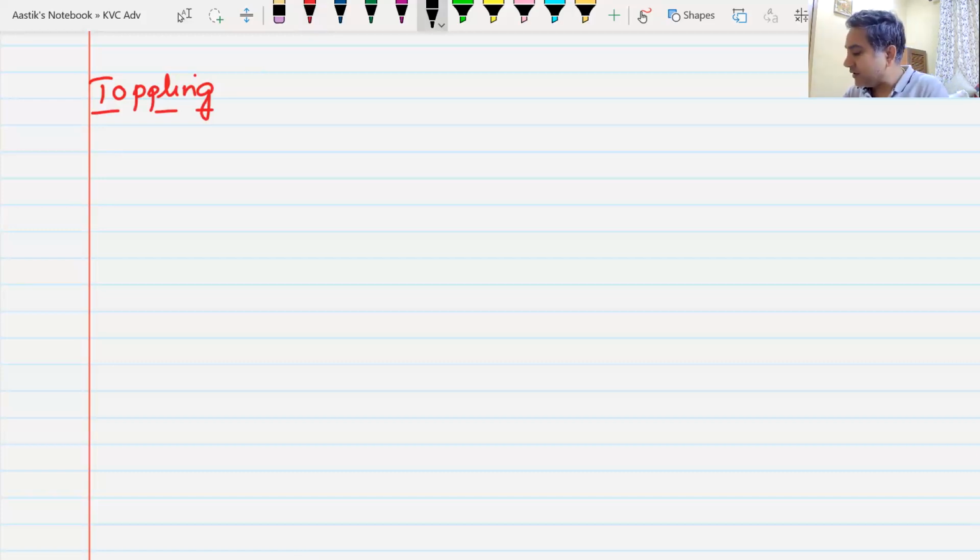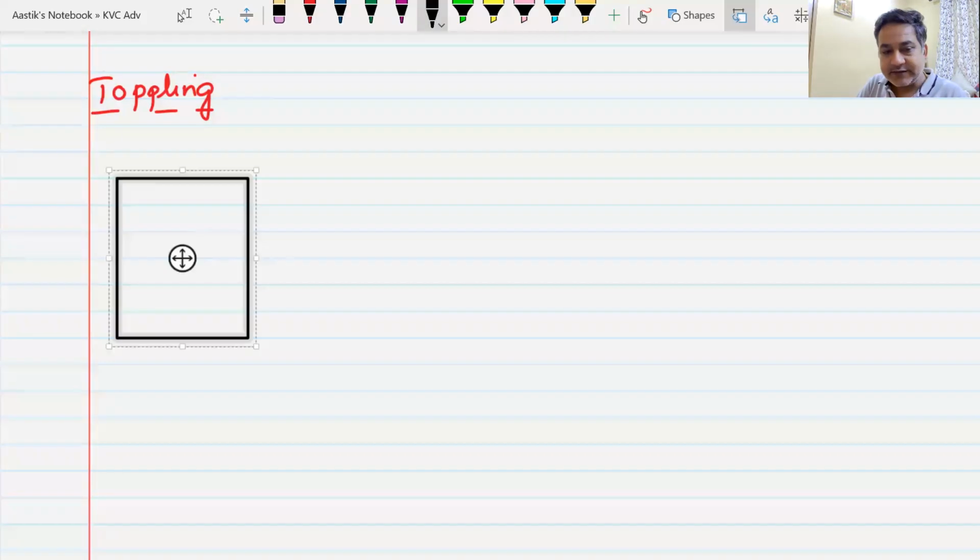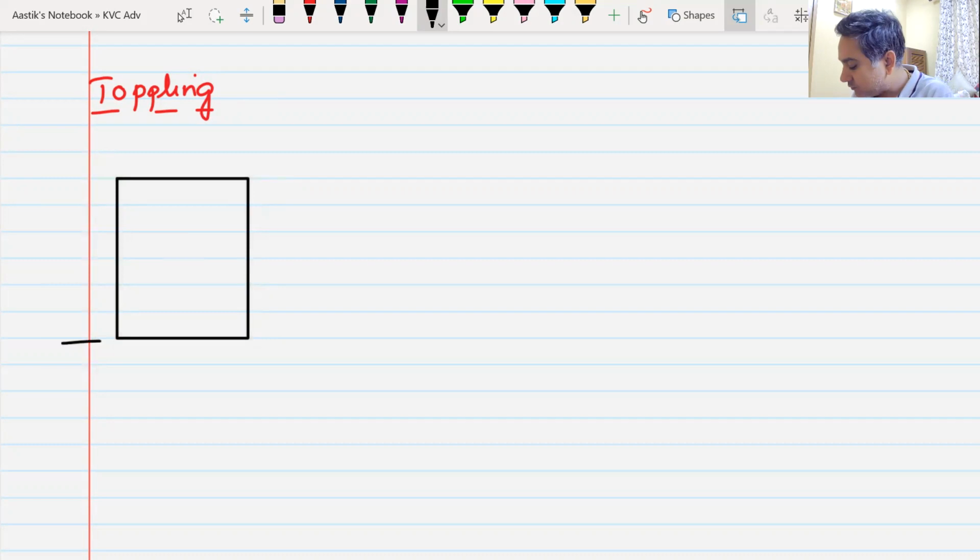Now what happens when you have a block like this kept on a surface? This is the surface. If you apply a force, even a very small force here, what will happen?